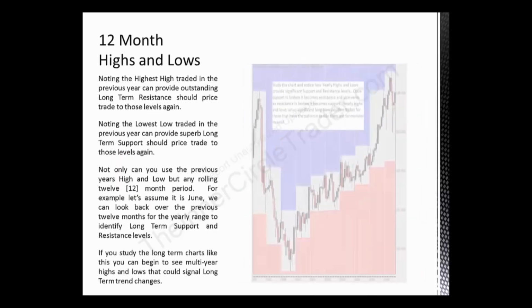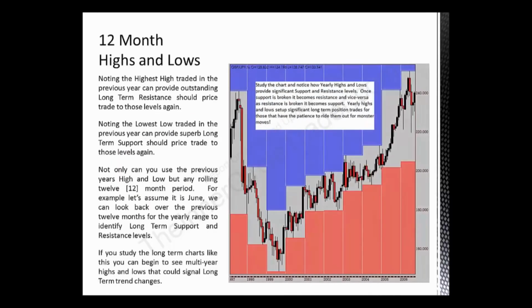Now, obviously, when we talked about 12-month highs and lows, this is just a real quick graphic depiction of looking at 1997. You can see how price, when we traded back up to that same general area in 2006, was really giving you opportunities to find sell signals in there. Now, obviously, there's no guarantee that price is going to return to those levels and stop on a dime, not go through it just a little bit.